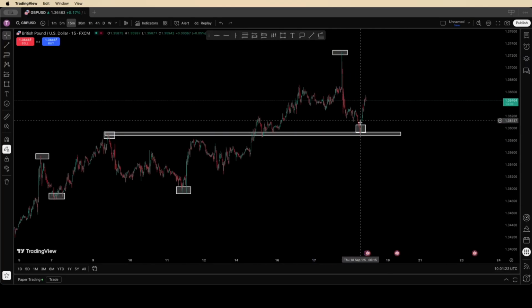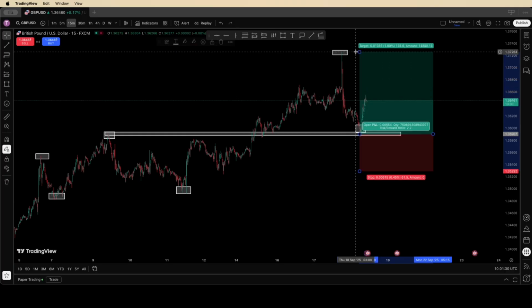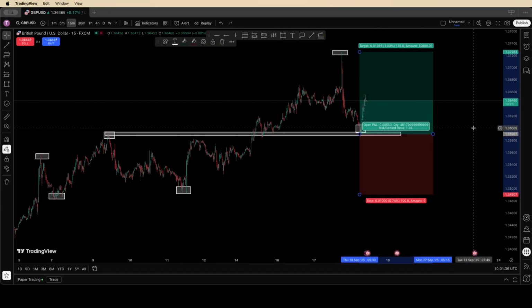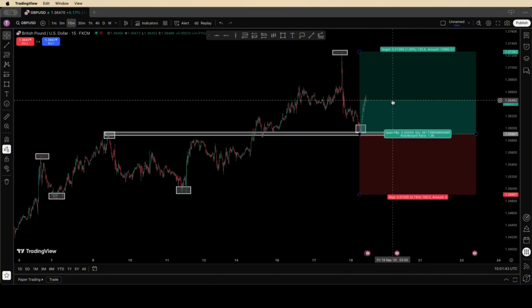So we missed the trade. Let's say we would have taken it here, for example, and then we would target it to be here, and our stop loss to be below here. See, it's not a very high risk reward. It's okay. It just gets you in the trade and you see what happens.